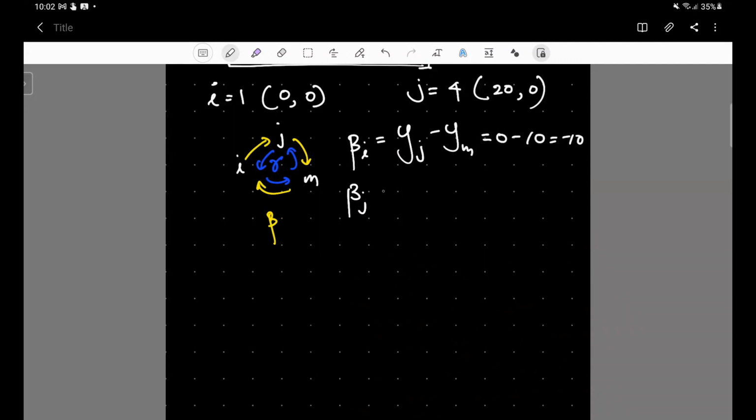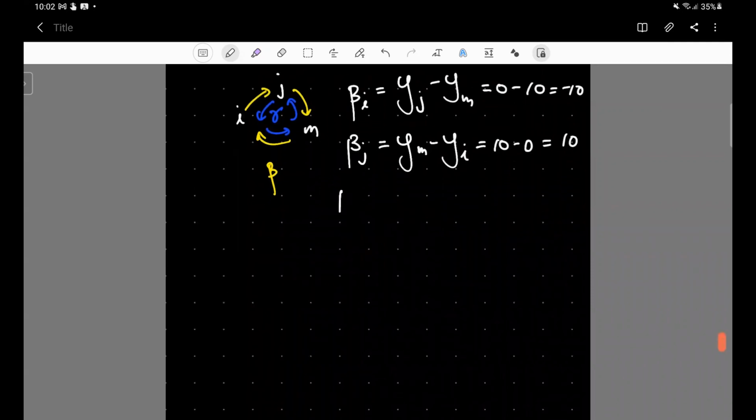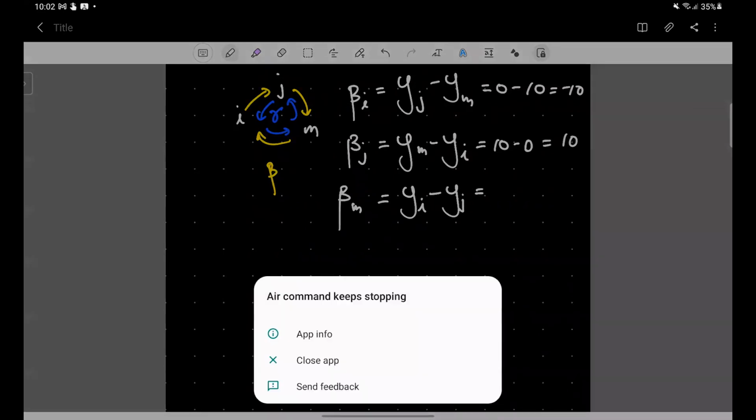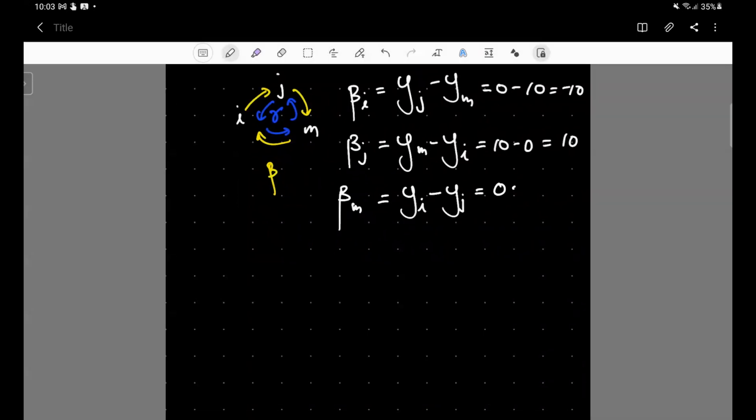Beta j is equal to Ym minus Yi, 10 minus 0, 10. Beta m is Yi minus Yj, 0 minus 0.